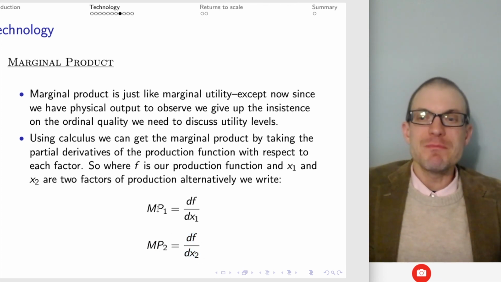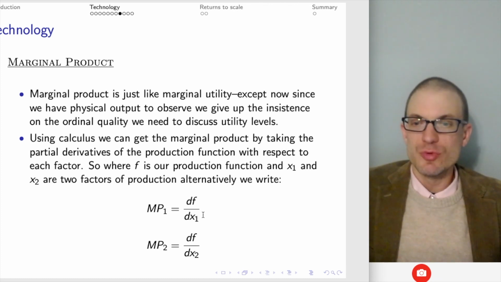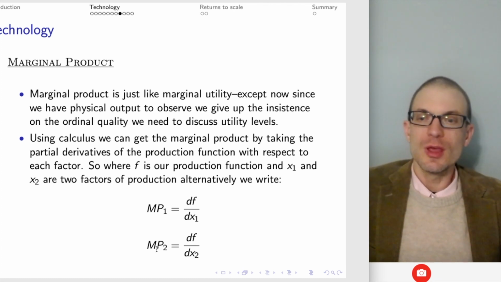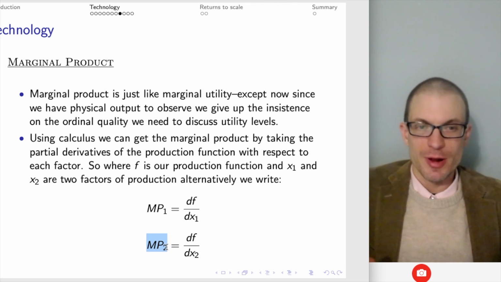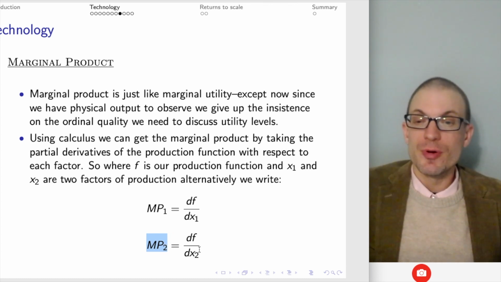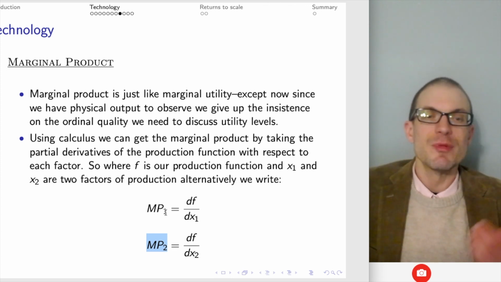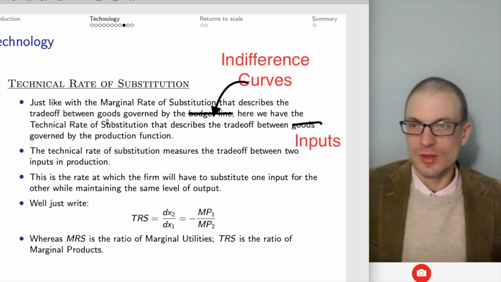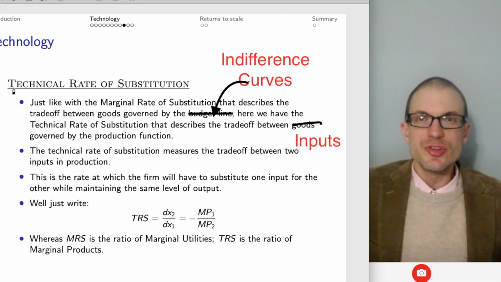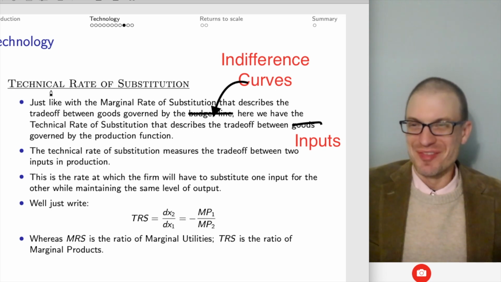If I wanted MPL, the marginal product of labor, you take the derivative of the production technology with respect to labor. For MPK, the marginal product of capital, you take the derivative with respect to capital. The interpretation of marginal product is: when I use one more unit of input, how much additional output am I getting?